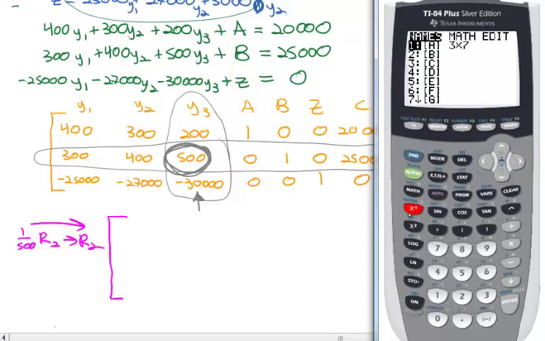Second matrix, go over to edit. This time we've got 3 rows and 7 columns again.